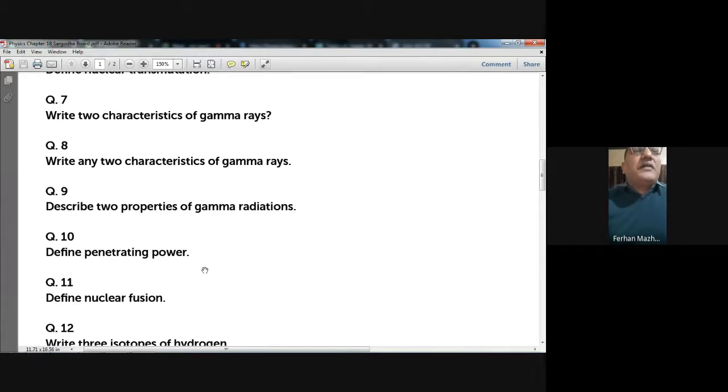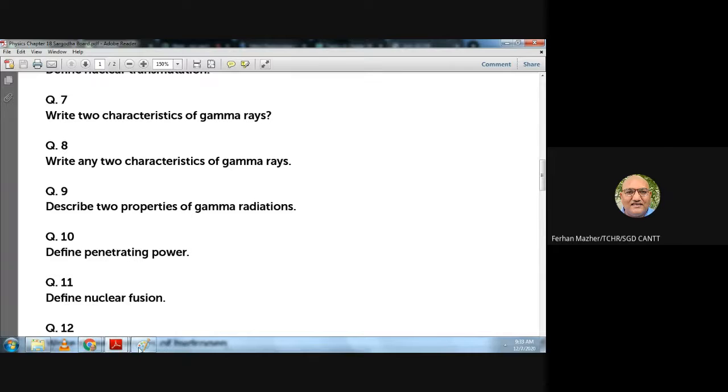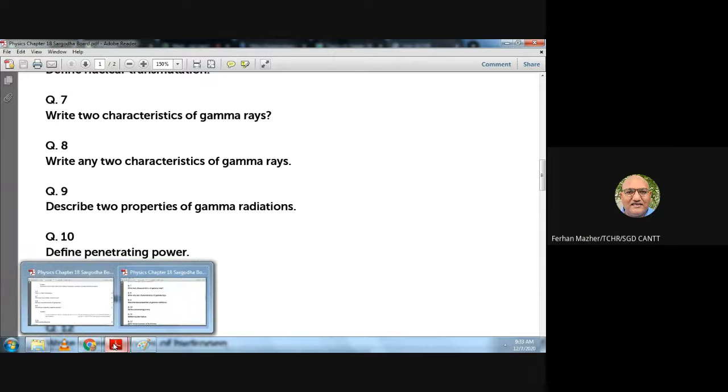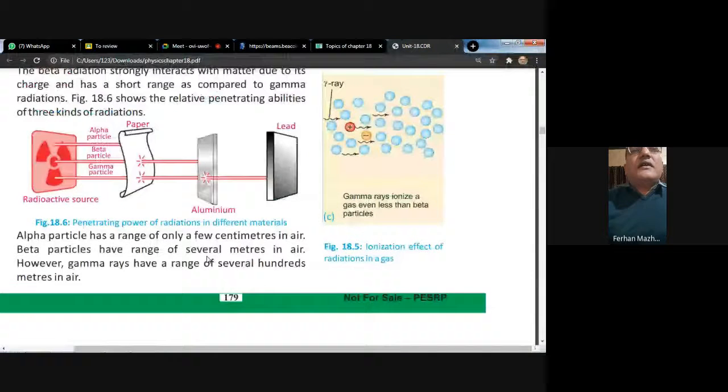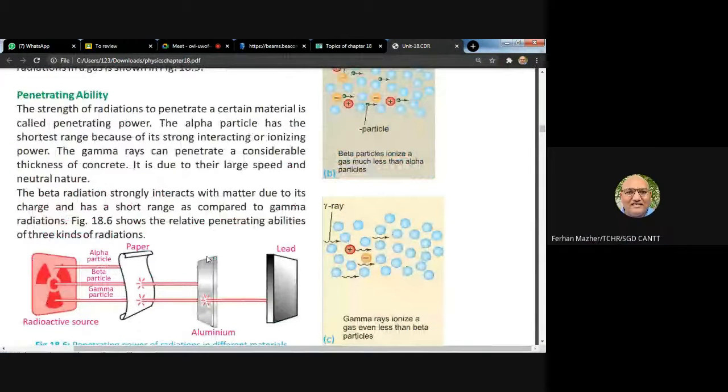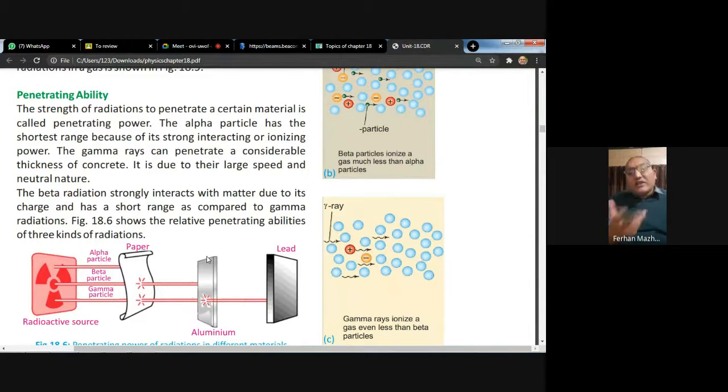Okay. The next question is question number 8. Define penetrating power. What's the penetrating power? Penetrating power is basically that when you put, for example, alpha particles, beta particles, gamma rays, they are coming out of an object, of a radioactive isotope. So how much they can travel in air, that is the penetration power in air.